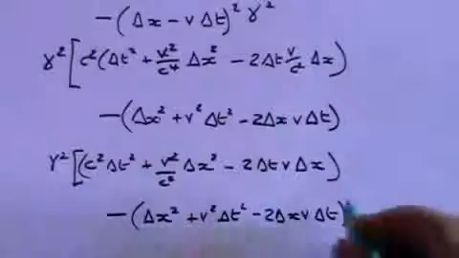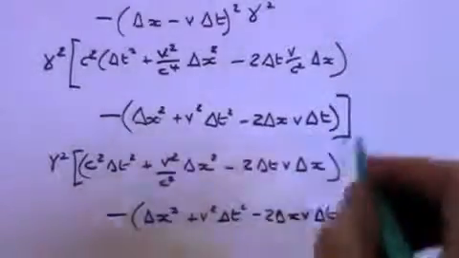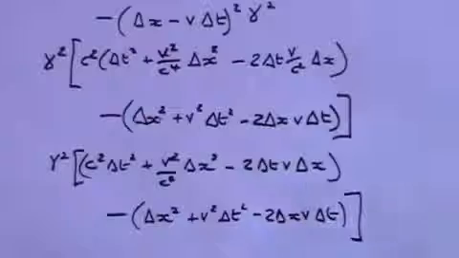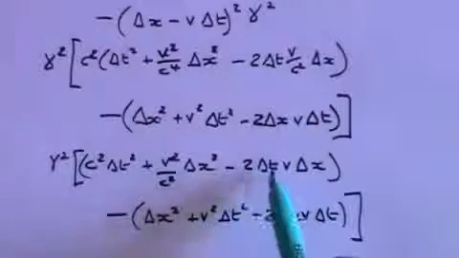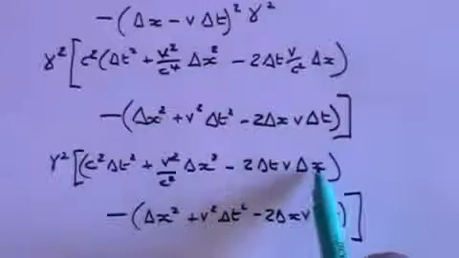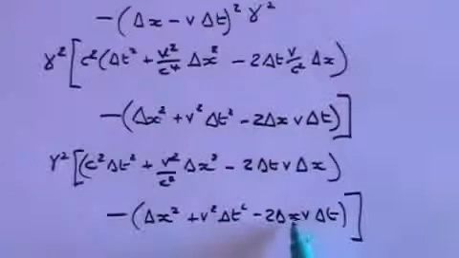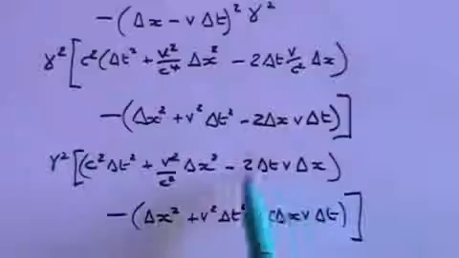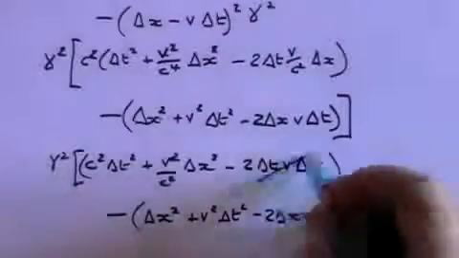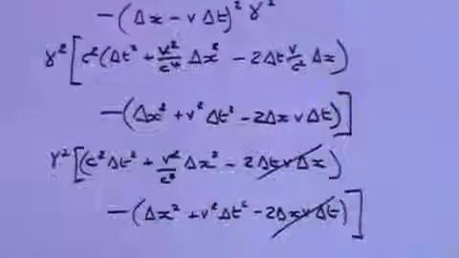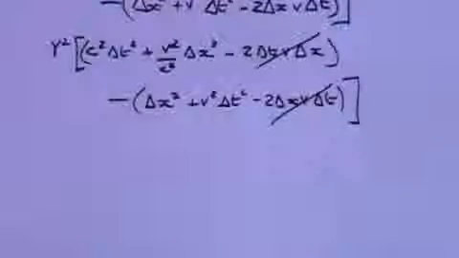Phew! And then the bracket goes at the end, which I forgot there. Now you'll notice that here we've got minus 2 delta t v delta x minus 2 delta x v delta t. Those two terms cancel. Thank goodness for that.